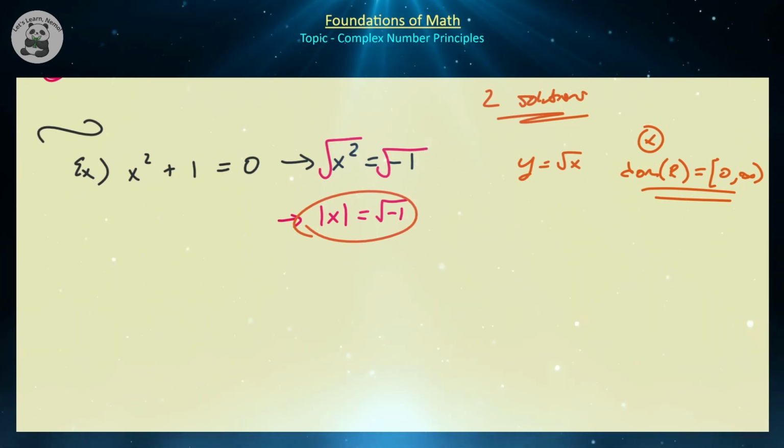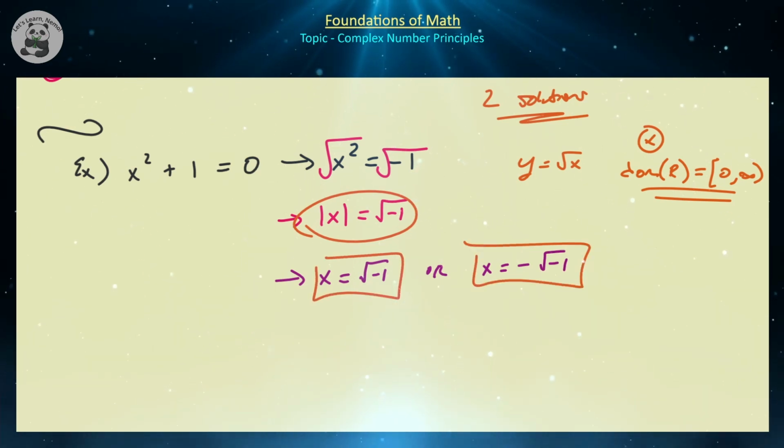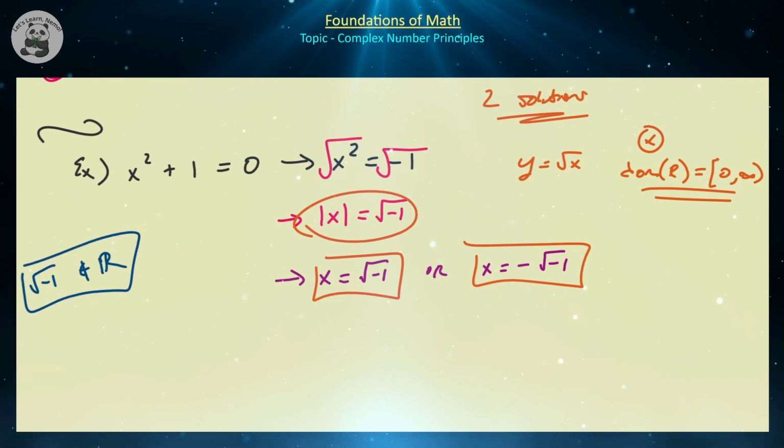But if we continue this narrative, okay, well, x is either going to be the positive square root of negative 1, or x is going to be equal to the negative square root of negative 1. And those would be our two solutions. But keep in mind, the square root of negative 1 does not belong in the reals, so where does it belong? It has to belong into another set that is not necessarily a subset of R.